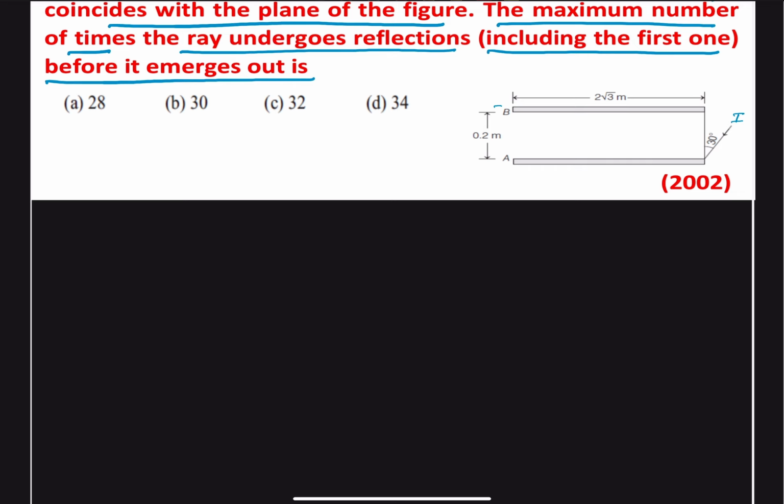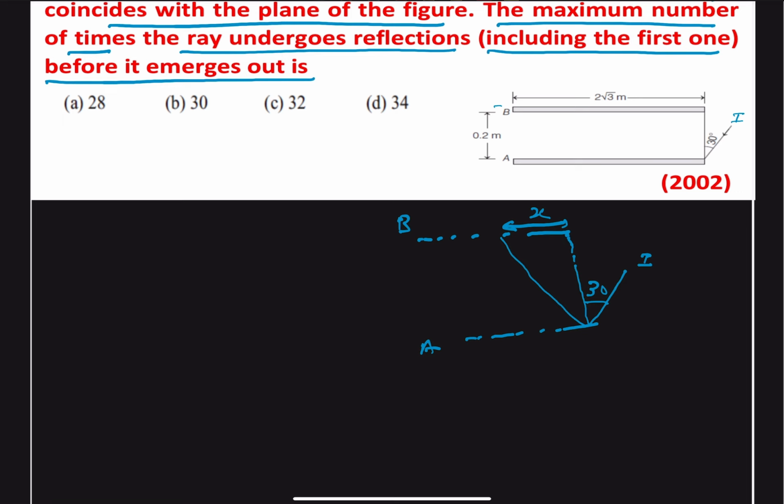We are given that this is a vertical and we have an incident angle that is our 30, and at this point suppose it is being reflected in this direction, and this is our B and this is A. So in the first reflection we assume that the distance covered horizontally is, let us suppose, x.